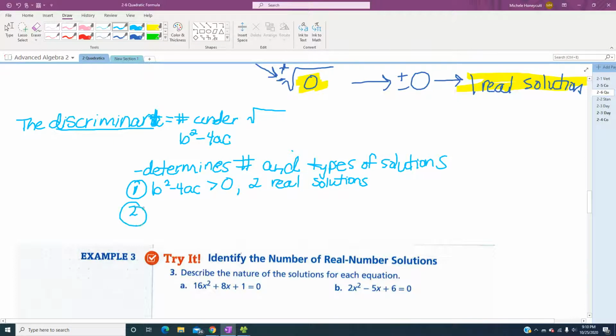Second part, if b squared minus 4ac is less than 0, then we're going to have two complex solutions.